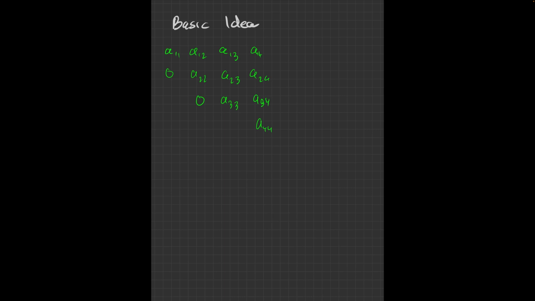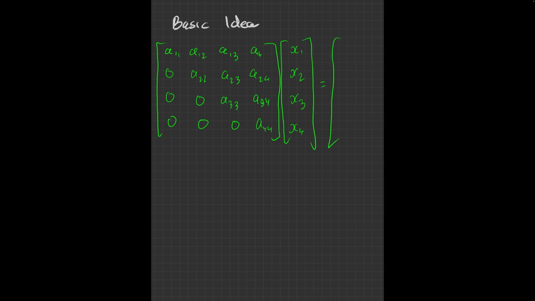So if we have a matrix like this, and then we have x1, x2, x3, x4 equal to c1, c2, c3, c4, where c1 through c4 are just constants. All those A's are actual values, like 1s, 2s, minus 10s, whatever.